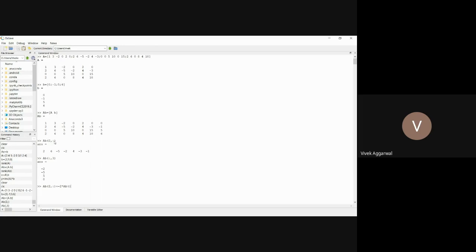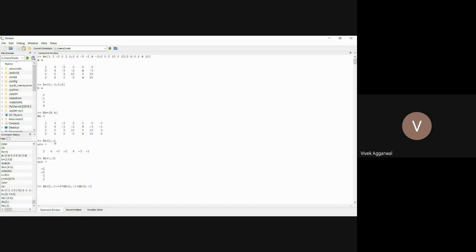So first row I'm taking 1 and colon. So this is minus 2 into AB, so AB means the first row I'm taking, and then adding to AB second row.